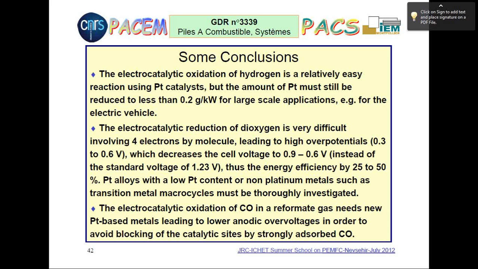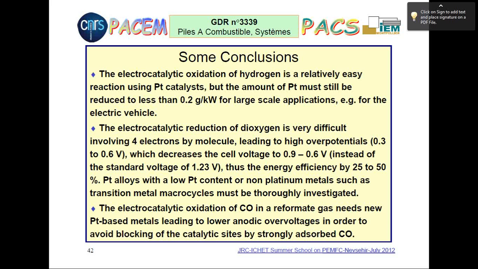The second point, the oxygen reduction. That's a very difficult reaction because we have 4 electrons per molecule. So the more electrons you have, the more difficult it is. So we have to decrease the overvoltage because it's too high.